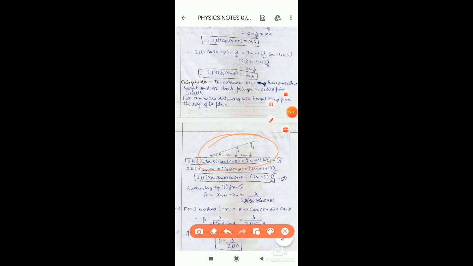Okay, now put the values by using the above equations: 2 mu xn tan theta cos(r + theta) equal to (2n + 1) lambda by 2. So for xn, put the value of thickness by using the above figure.